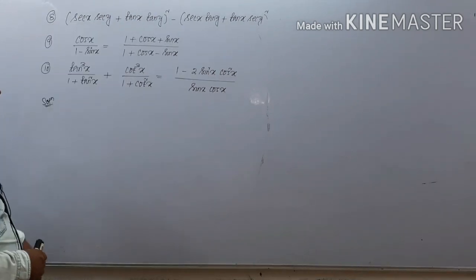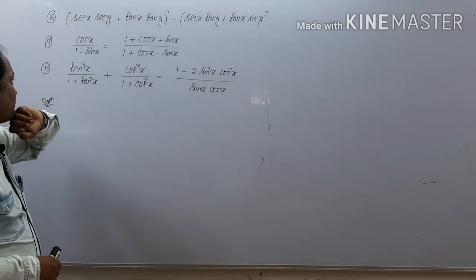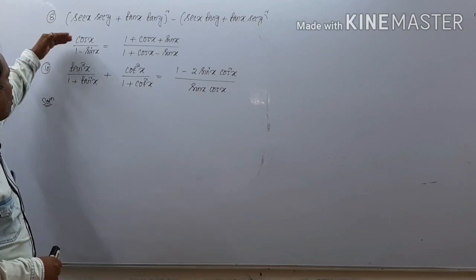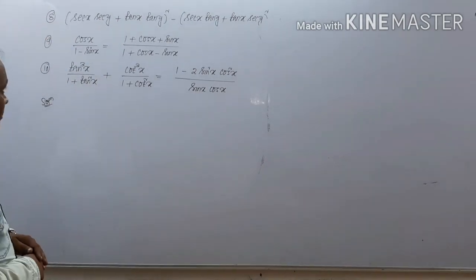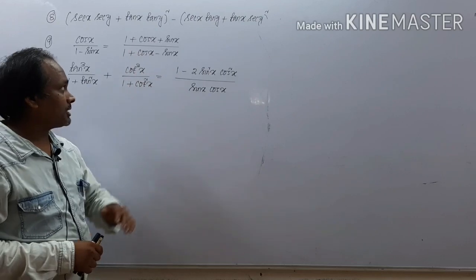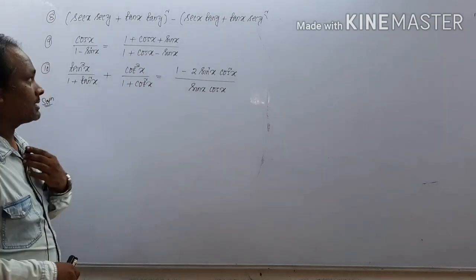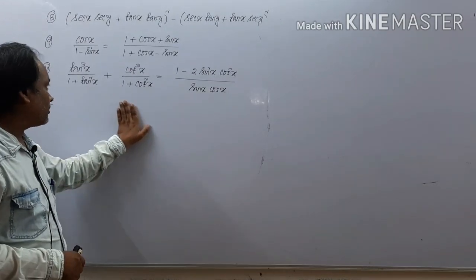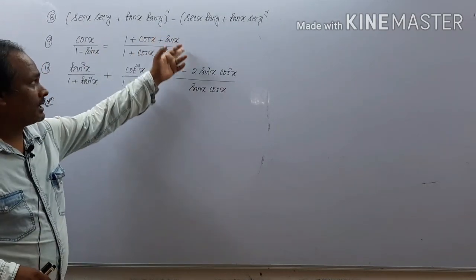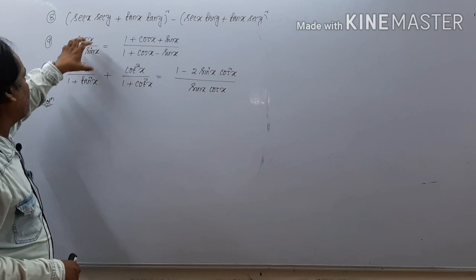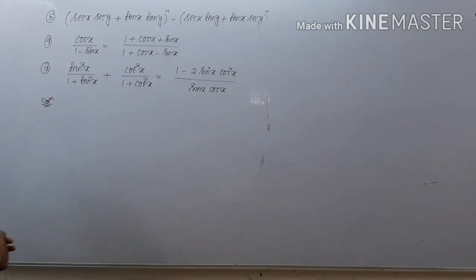Next we will go for question number 9. In this particular question we have to show that cos x divided by 1 minus sin x is equal to 1 plus cos x plus sin x divided by 1 plus cos x minus sin x, right? So I will consider the right hand side and I have to show that this expression is cos x by 1 minus sin x.